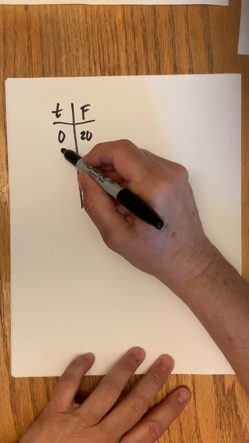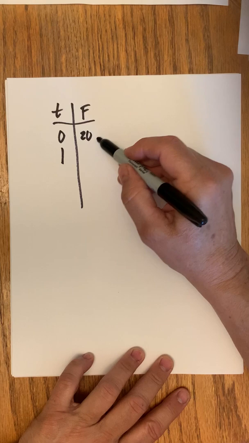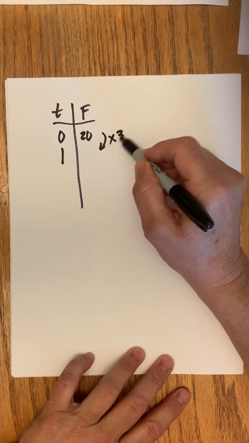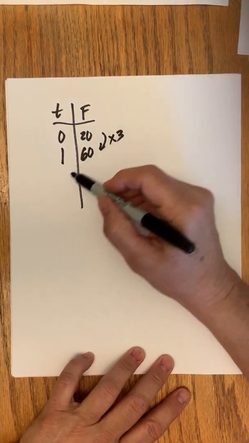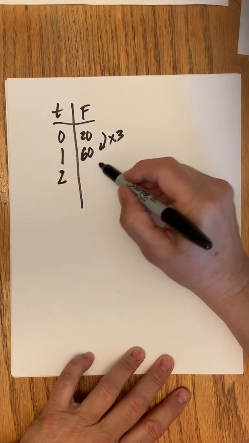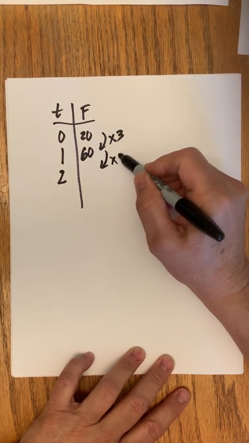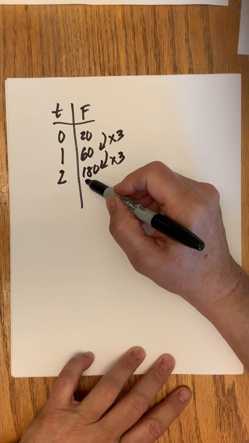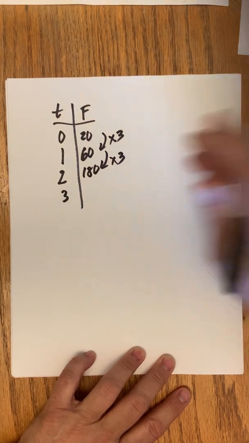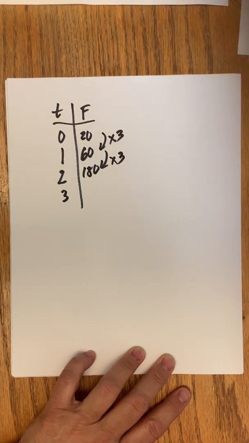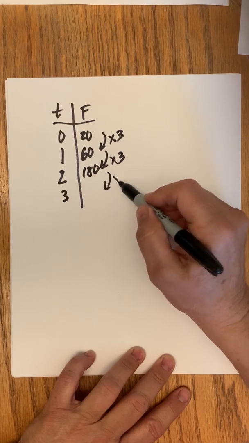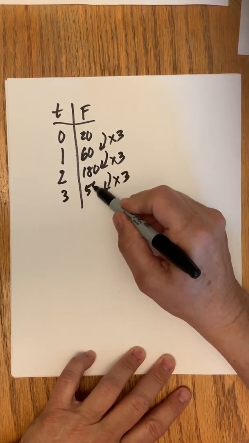After 1 week it triples, so you multiply by 3 and have 60. Then another week goes by, and you multiply by 3 again, so 180, and so on. If you were to go out 1 more week, it gets to be a pretty big number. You multiply by 3, and you get 540.